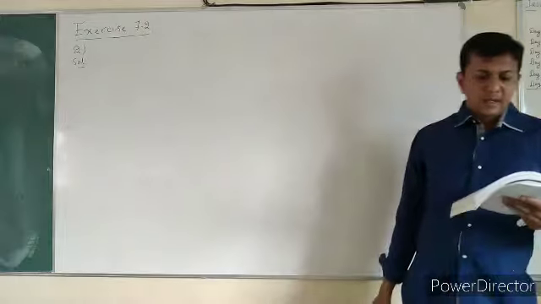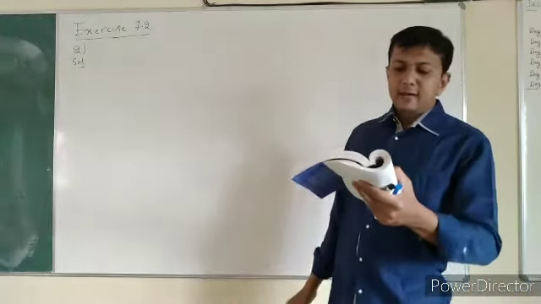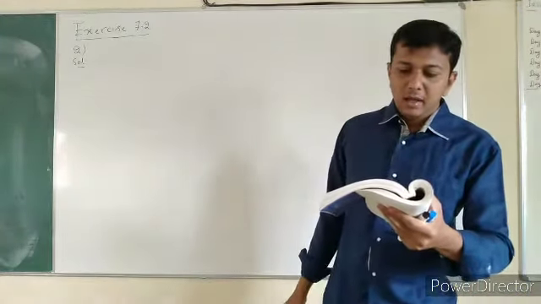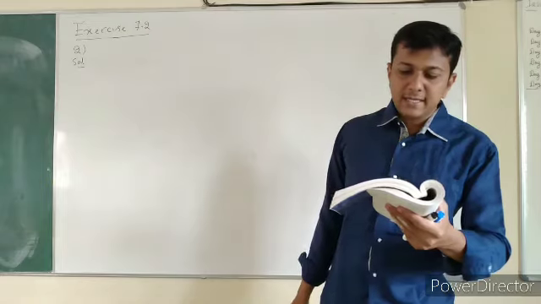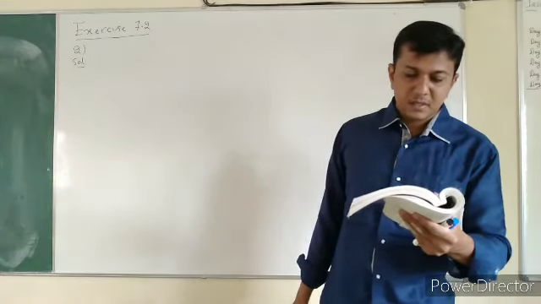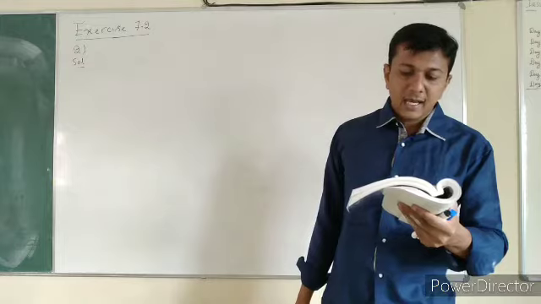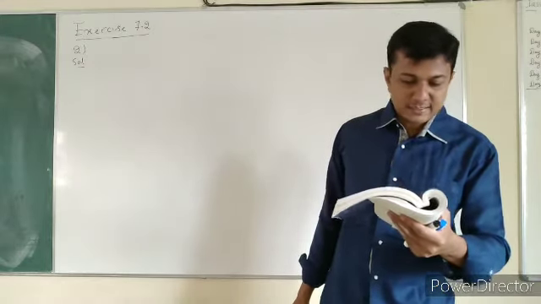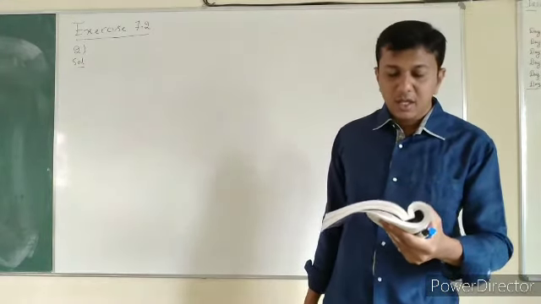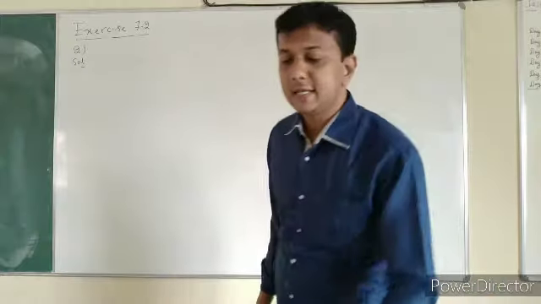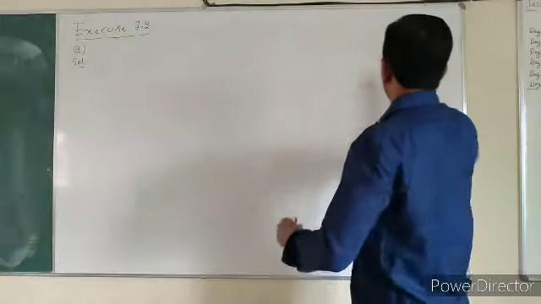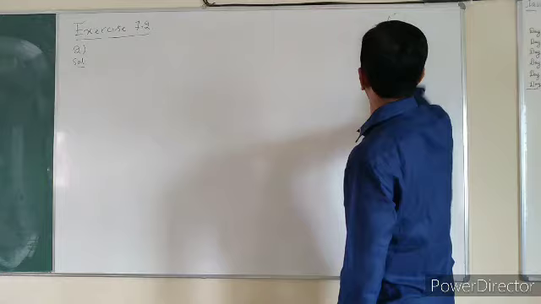Next one, second one. In triangle ABC, AD is the perpendicular bisector of BC. Show that triangle ABC is an isosceles triangle in which AB is equal to AC. So he has given a diagram.